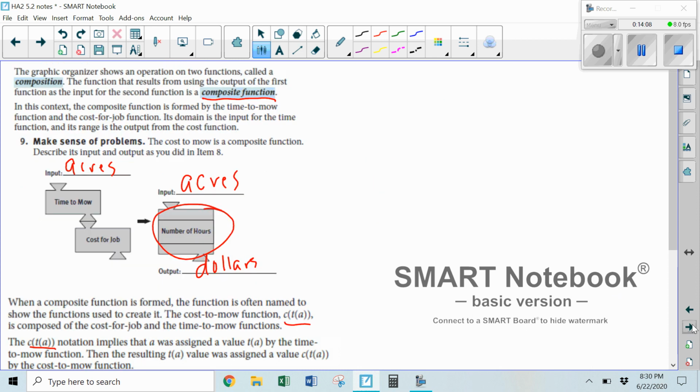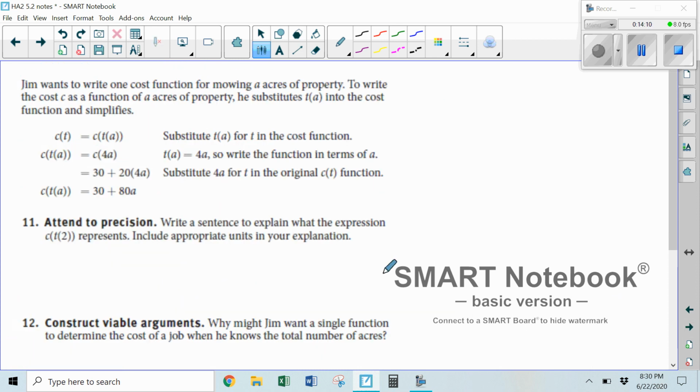So that's what's explained in the question above number 11. Here is your original function. And it tells you over here what's happening. We're substituting T of A, because that tells me the time, into my other function. So my function, I'm supposed to plug time in here, but this function will give me time. So that's why we're plugging that in there.